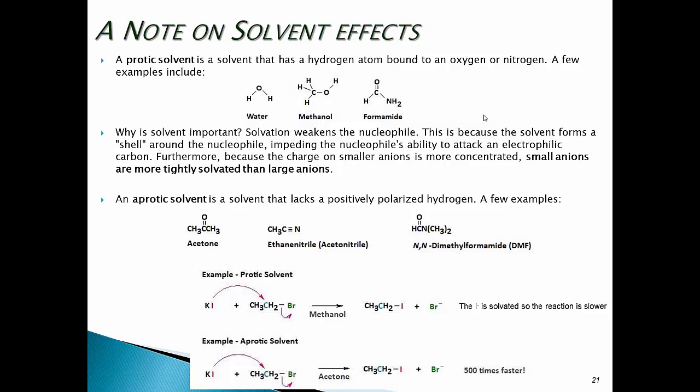Nucleophiles are negatively charged. So if they're in an environment where there's lots of positive protons or positive molecules around, that's going to solvate that nucleophile and make it unable to do its job. So in a protic solvent, the nucleophile can get solvated.